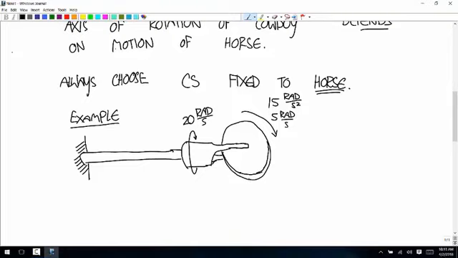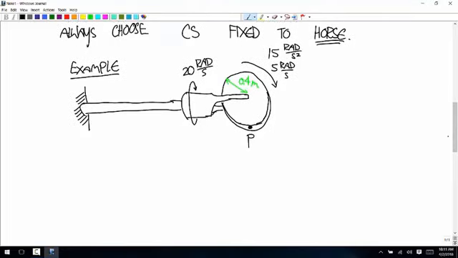And let's say that the point we want to calculate is this point P. We want to know what that point P is doing. The radius of this disc is 0.4 meters. And we want to calculate, well, let's get the velocity.